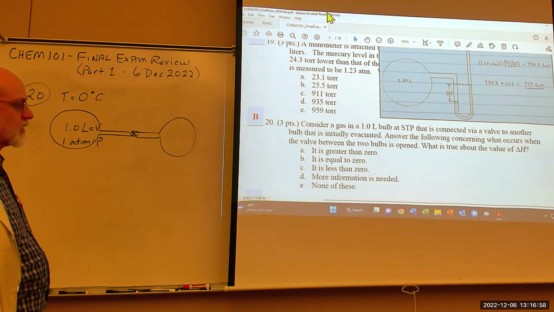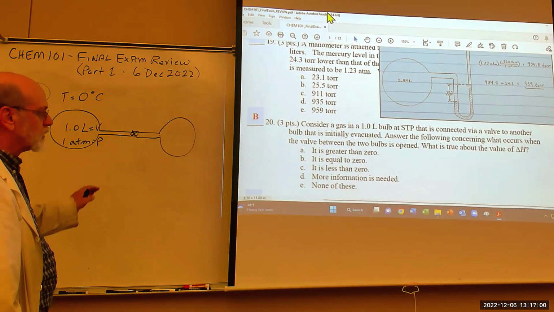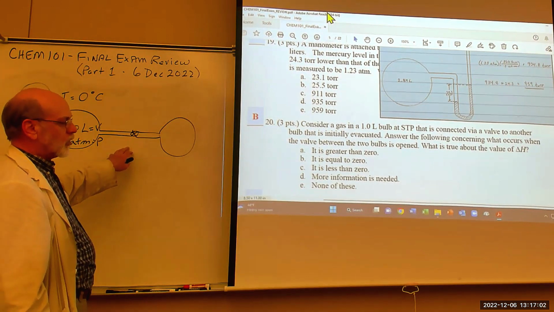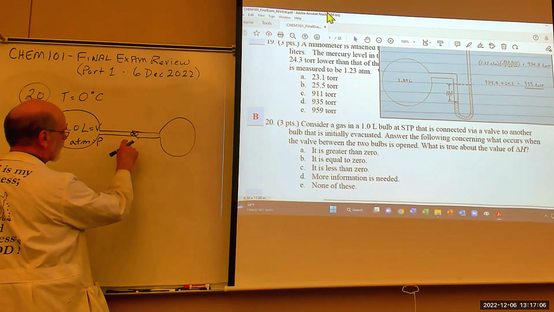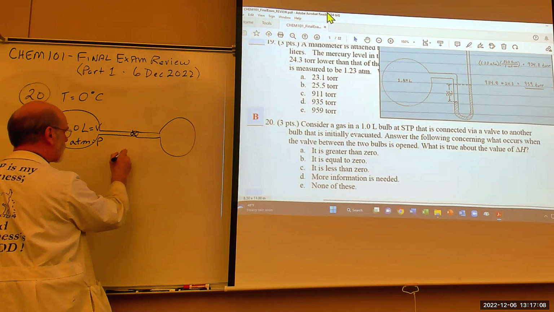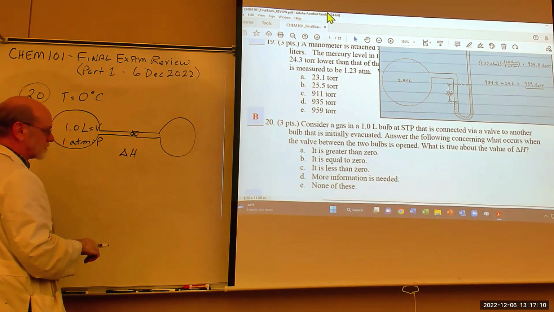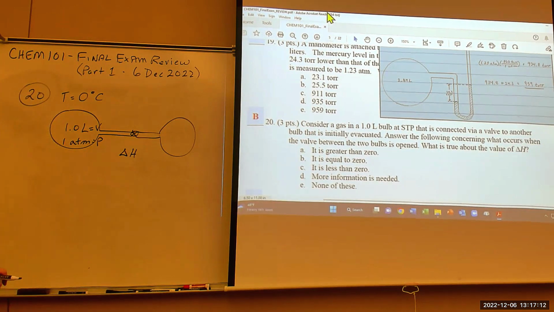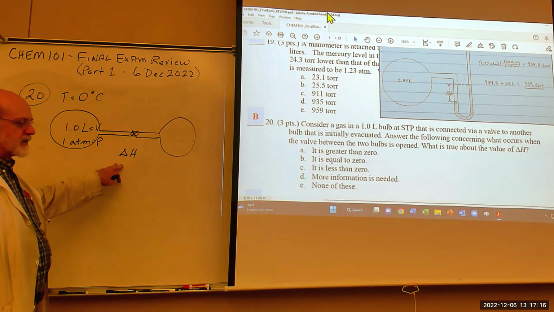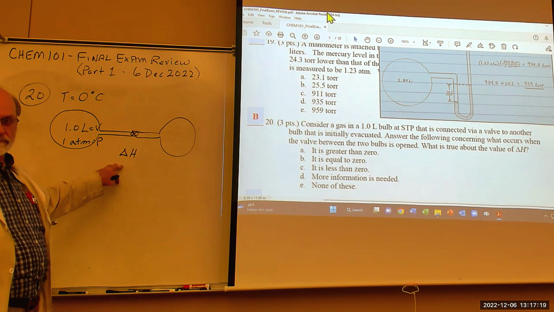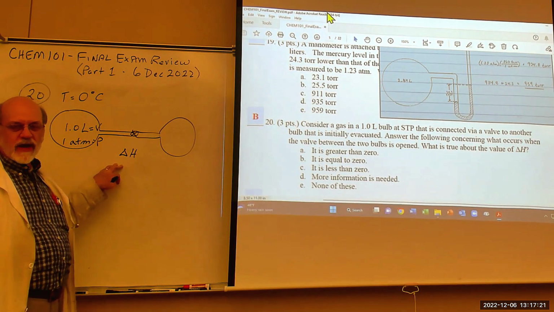Answer the following concerning what occurs when the valve between the two bulbs is open. What's true about the value of delta H? If we open that valve, what happens to delta H? Delta H is an expression of heat transfer. Was any heat transferred?